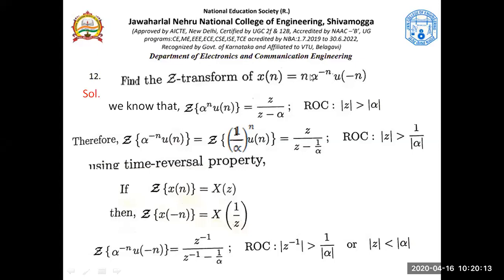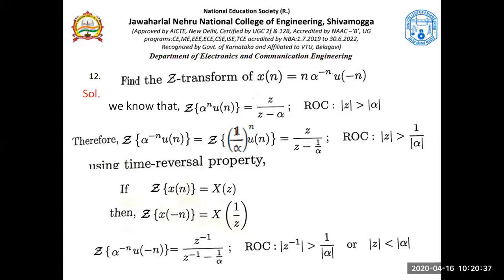It is n x of n. So which property holds good when we have n x of n in time domain?